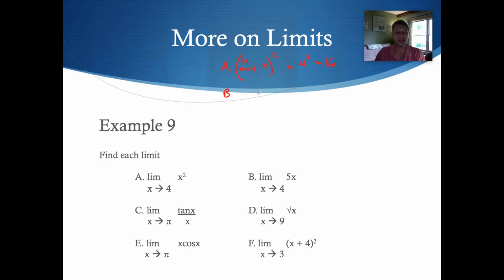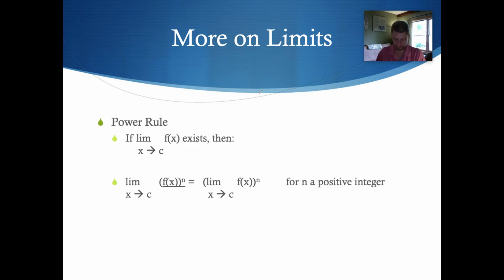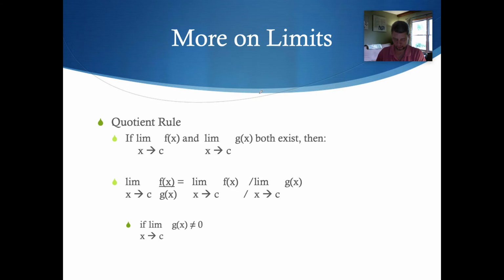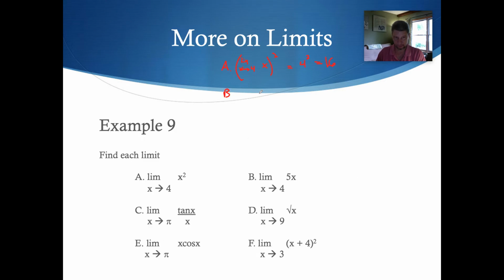Now for the second one, we've got the limit as x approaches 4 of 5x, and that is the same as the product rule.